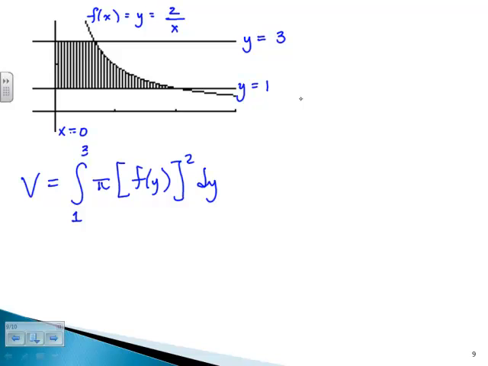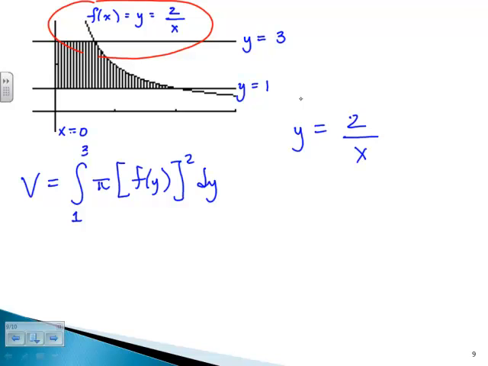But as you can see, our function is not a function of y, rather a function of x. So this means we're going to have to solve y equals 2 over x for the variable x. That way we will have x as a function of y. So let's begin. We start with y equals 2 divided by x.